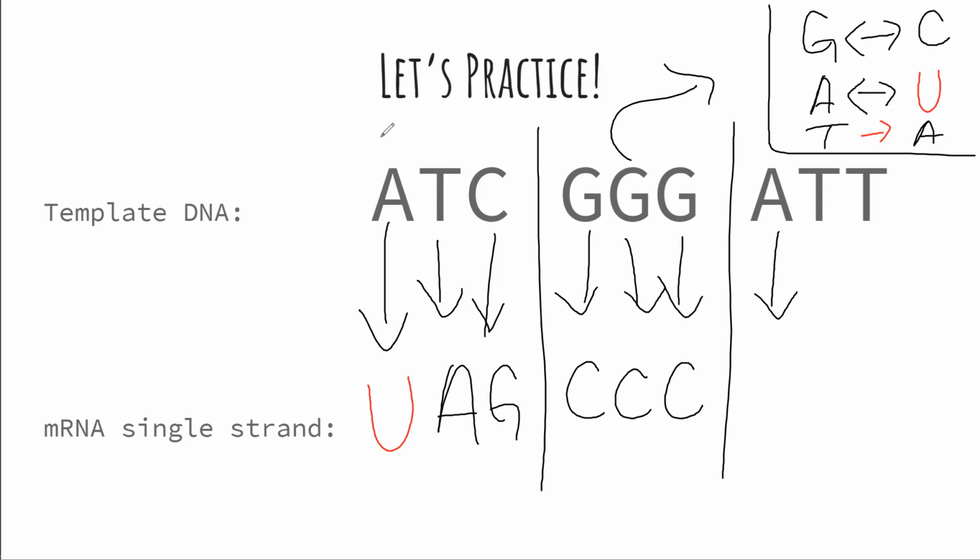Does RNA have T's? No, it has U's. So A's pair with U's in RNA. Uh-oh, we have two T's in DNA. What do T's pair with in RNA? Right, A's, because RNA still has A's. Good job.